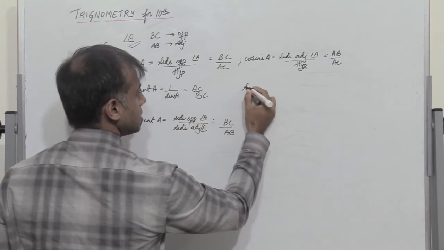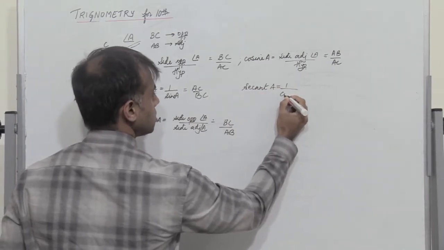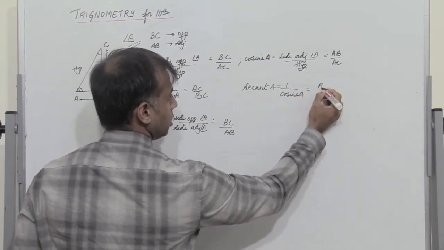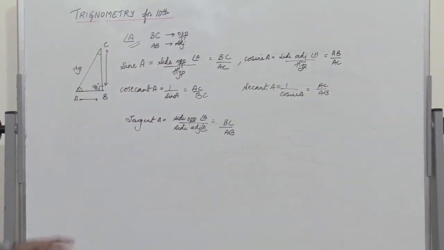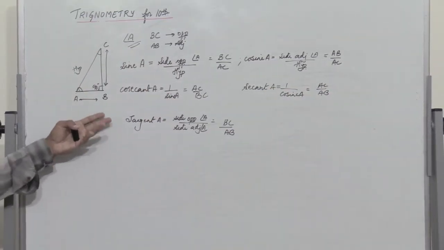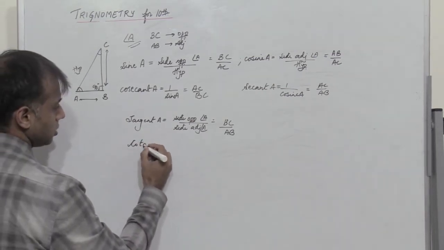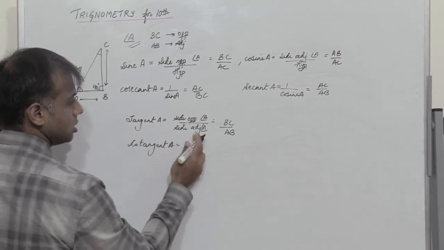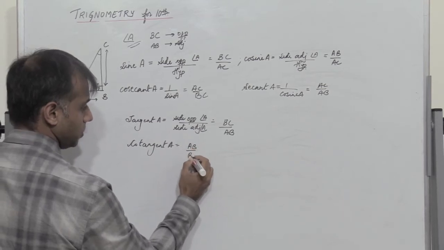Next we define secant A, which is the inverse of cosine A, which is hypotenuse AC divided by the adjacent side AB. And similarly the inverse of tangent is cotangent A, which is the adjacent side divided by the opposite side, which is AB by BC.